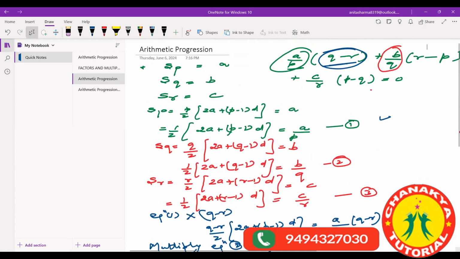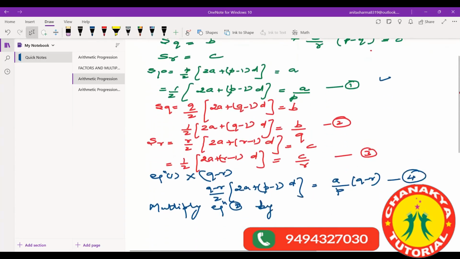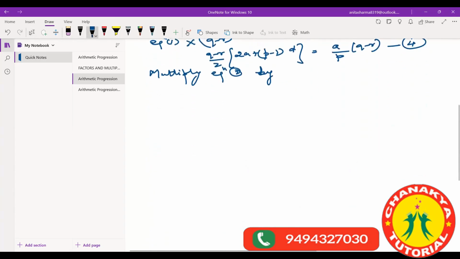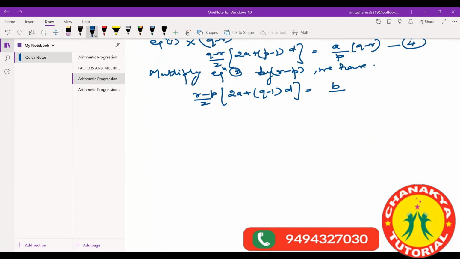Yes, R minus P. We have, so (R minus P) by 2 into (2A plus (Q minus 1) into D) is equal to B by Q into (R minus P). This is your equation 5.